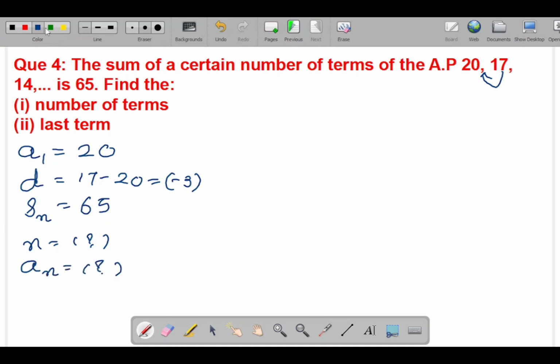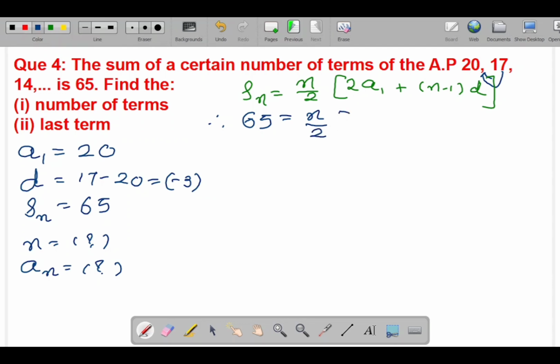So here, we know one thing, that Sn equals n by 2 into (2a1 plus (n minus 1) into d). I don't know what n is, so we can just put this Sn which is 65. So we can write down there that 65 is equal to, we don't know n, so let it be n by 2.